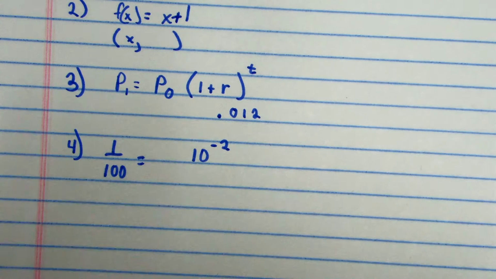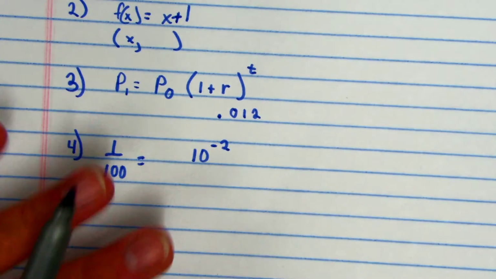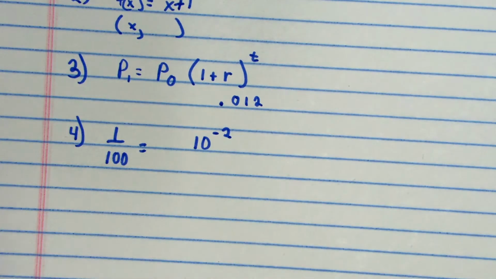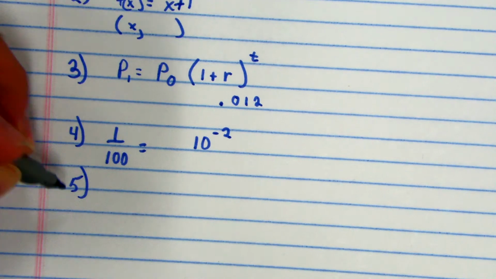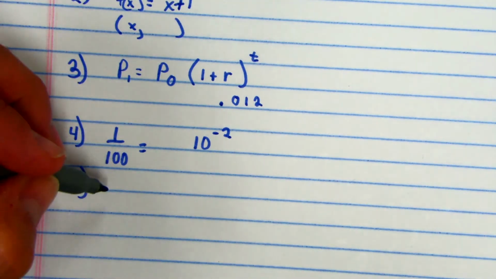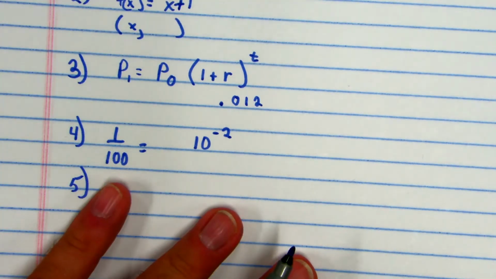All right, problem 5. It says, which function shows a horizontal shift? Horizontal means left and right. So that means any shift that occurs is supposed to be in the parentheses.